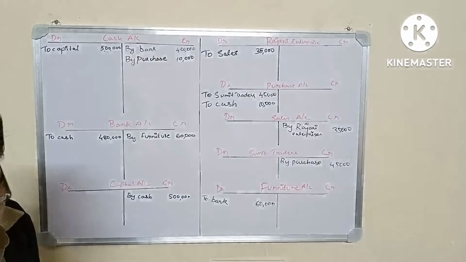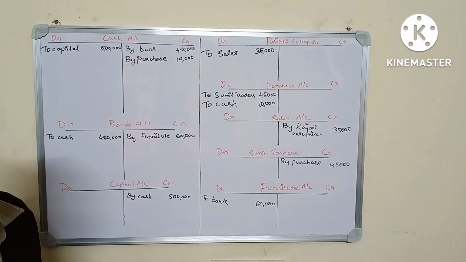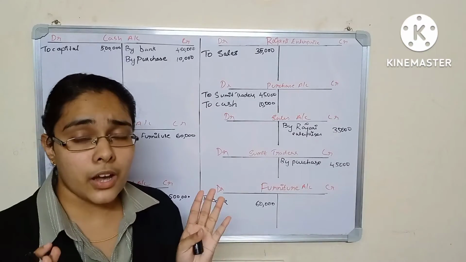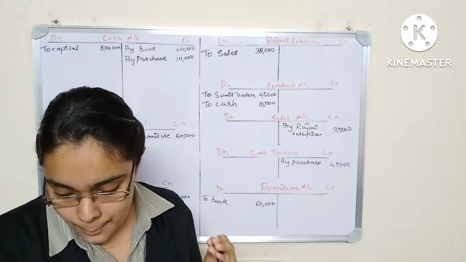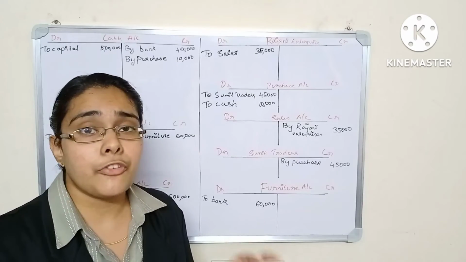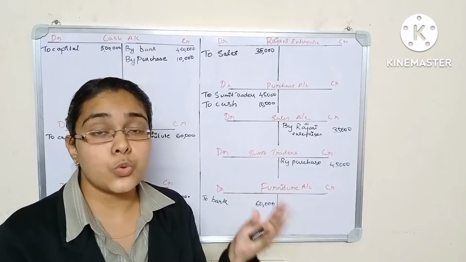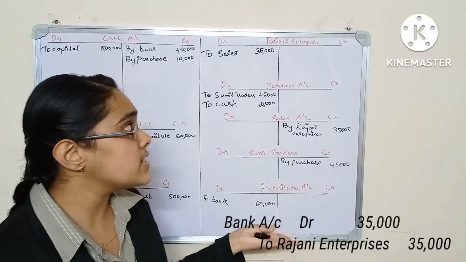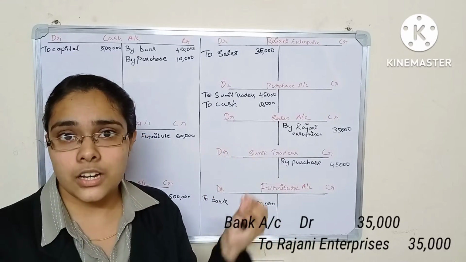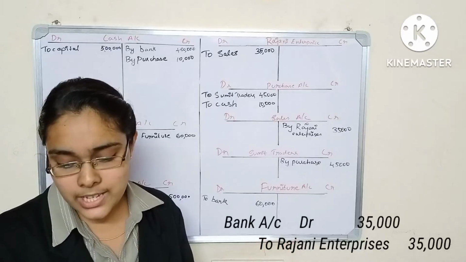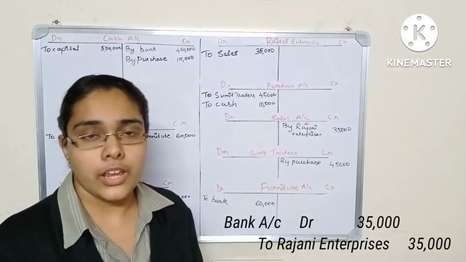Now the next question is: received check from Rajani Enterprise in full settlement. So you have received the payment in full settlement, but in the form of a check. You received a check from Rajani Enterprise for the transaction you made, and they have closed the account.